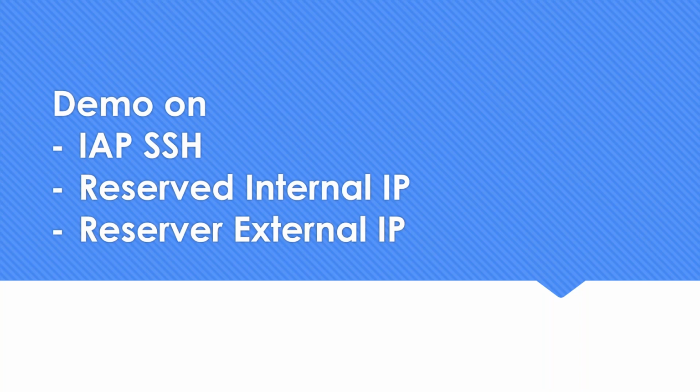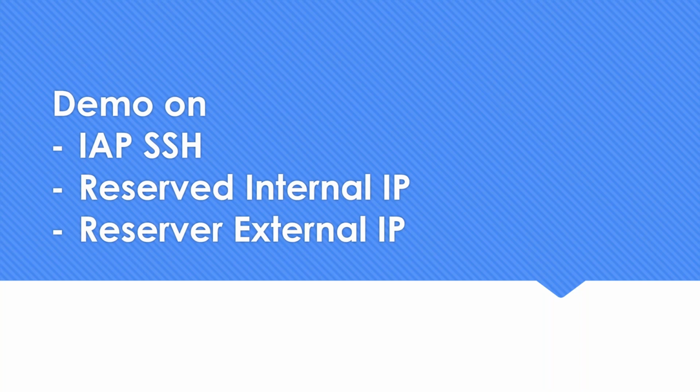Let me show you how IAP works. I'm going to show you a VM with only an internal IP address, and give access to this VM to a user, not an owner, some normal user like compute instance admin. We'll see how this user is able to log in with just the internal IP address.